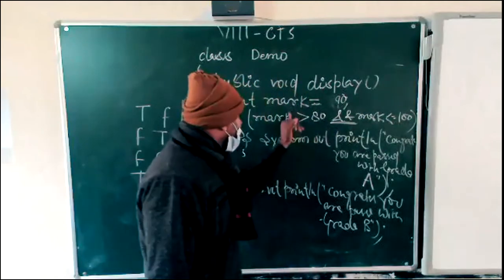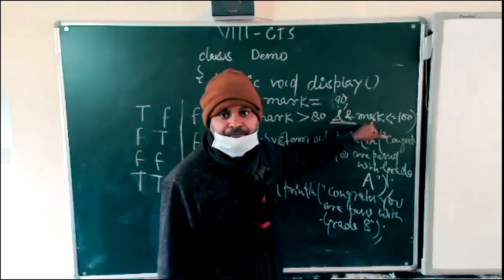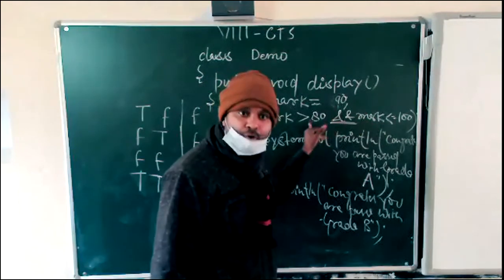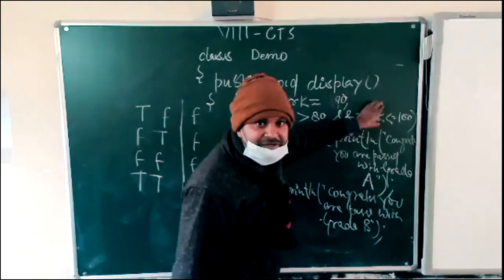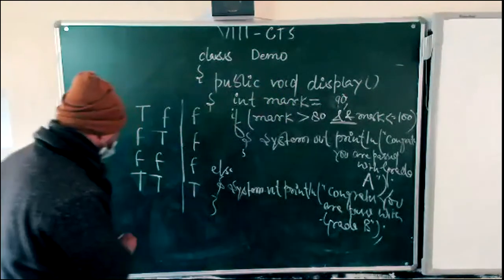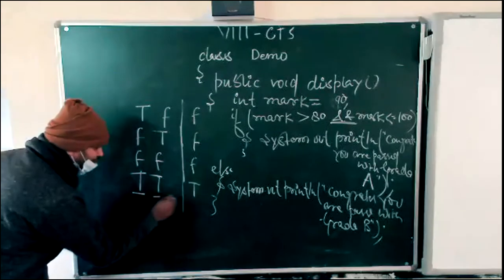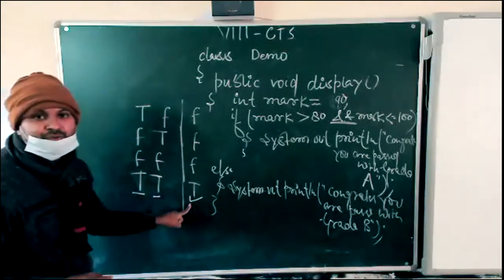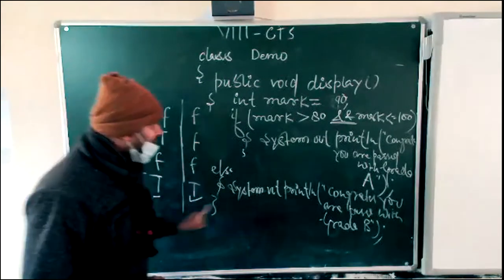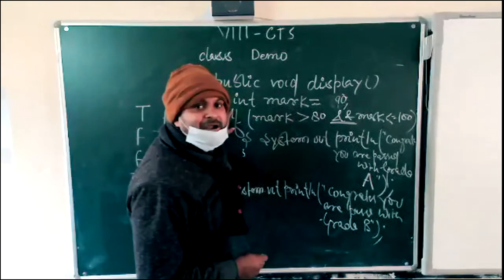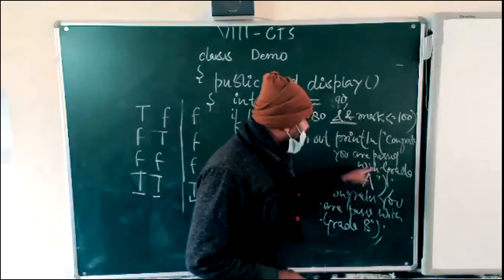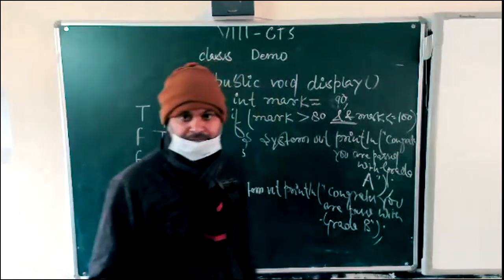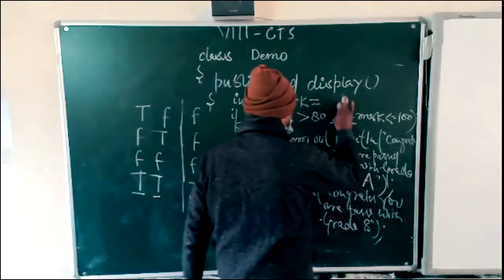So you can say both conditions are getting true. If both statements are true, you get true value. So this condition will become true and it will print congrats, you are passed with grade A.